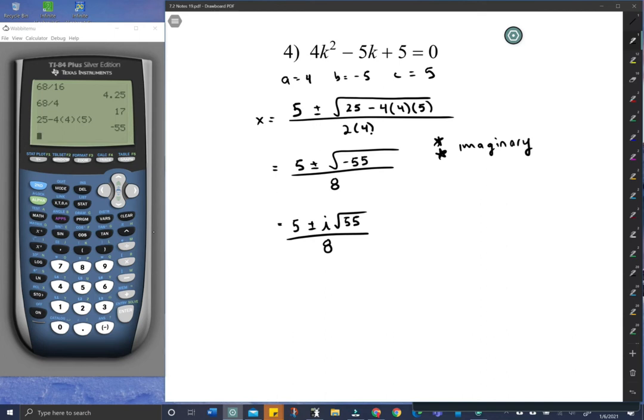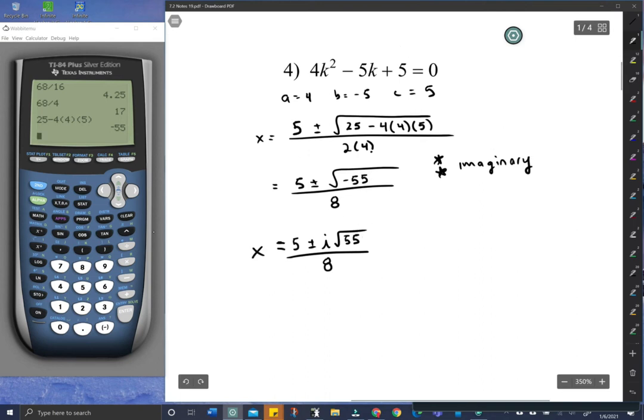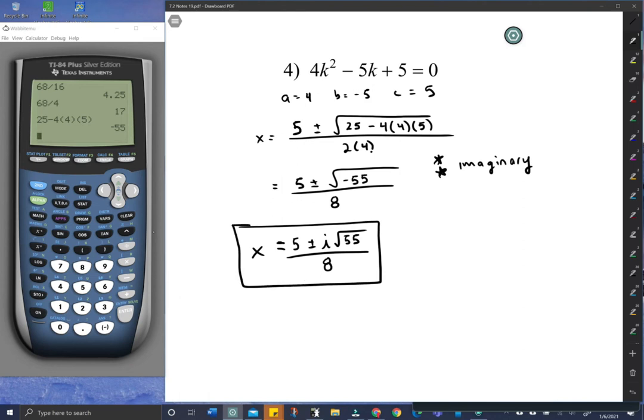So there is the solution. Okay, we can't fix it up any more than that. 5, 8, and i don't all share a factor, so we're just going to leave it like that. Nothing too crazy. Let's double check that I typed everything in okay. 25 minus 4, 16, and 5. Looks okay. So imaginary solutions, make sure you break those up as well.